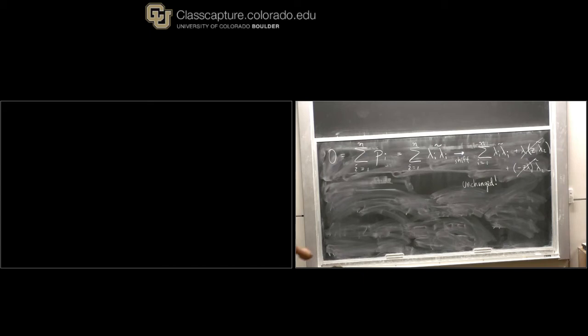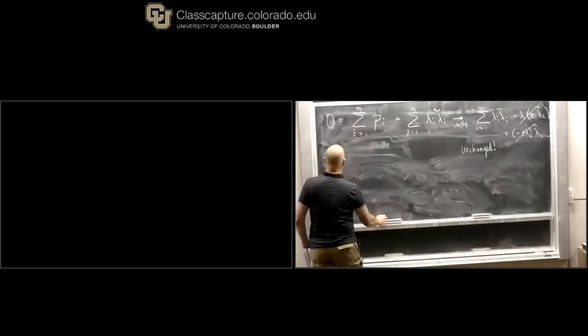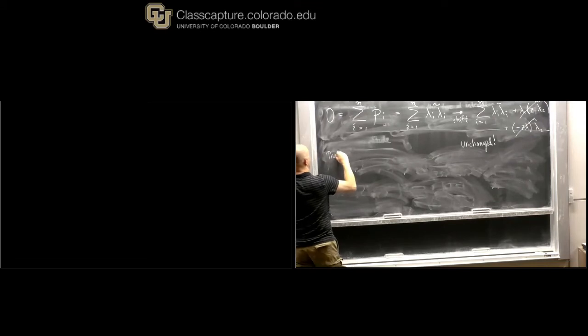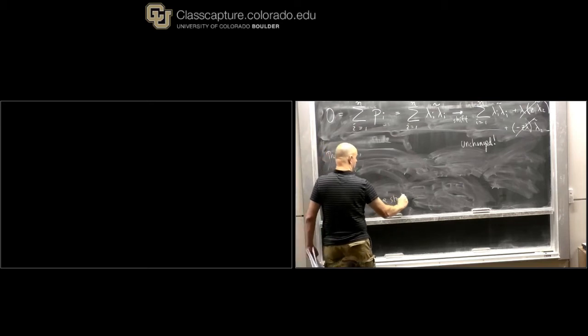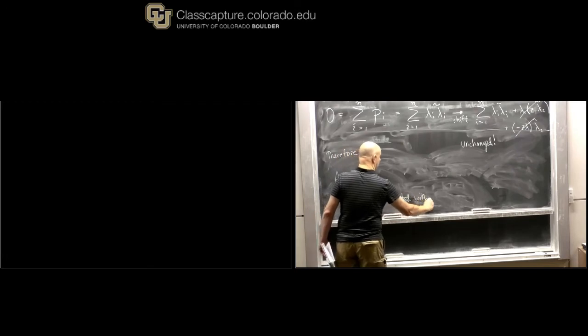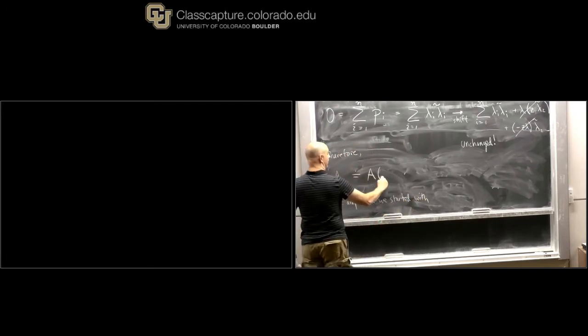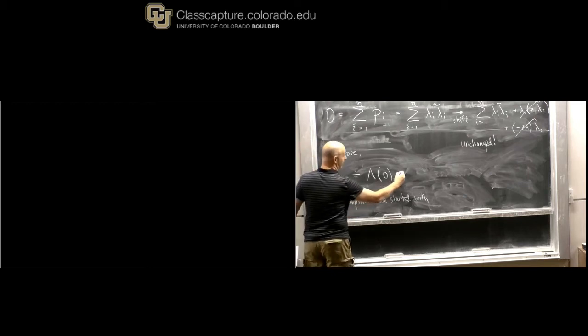Okay. Now, the amplitude we started with is what we get if we set z equals 0 in this one parameter family of amplitudes.